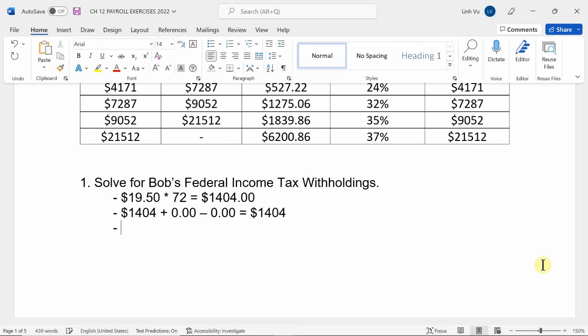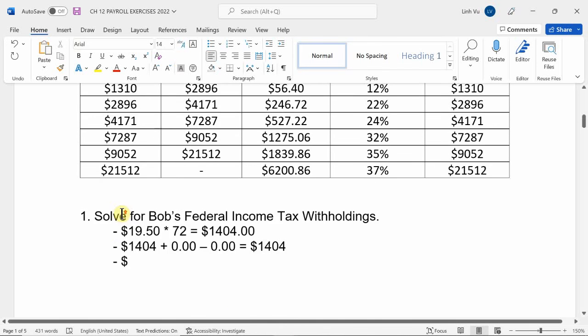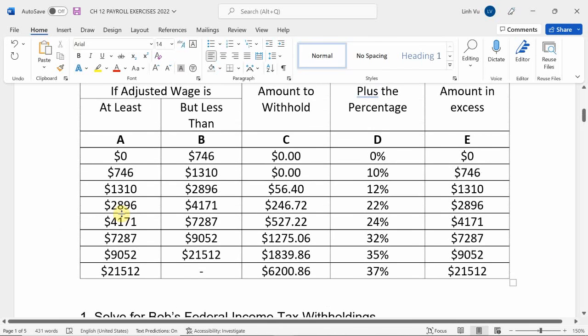So then, what do we need to do now? We need to figure out which area he belongs to and which percentage he belongs to. So in this case, he's earned at least, but not over, 1310. He's definitely earned more than 1310, but less than 2,896.